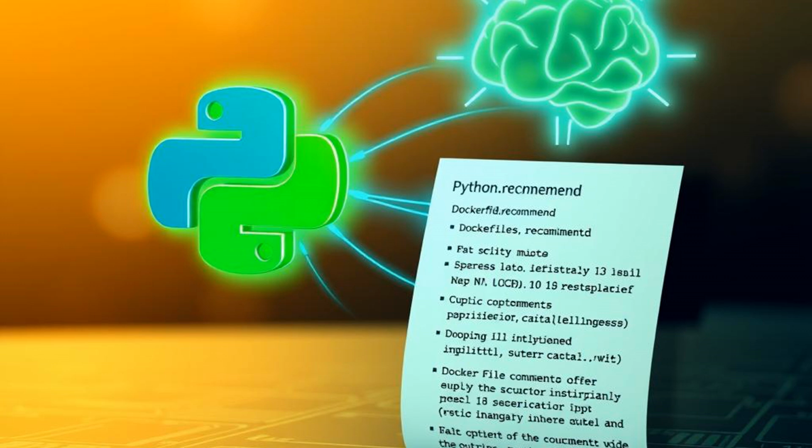Crucially, the AI ensures layer caching is optimized. It instructs Docker to copy pom.xml first, before copying the entire source code. Why? Because pom.xml changes far less frequently than source code. By copying it early, Docker can cache the mvn dependency:go-offline step, dramatically speeding up subsequent builds.